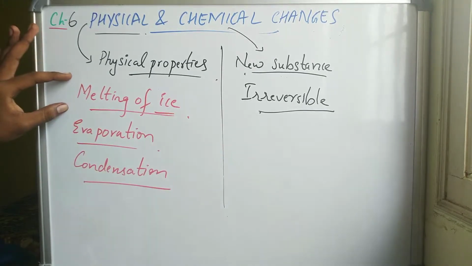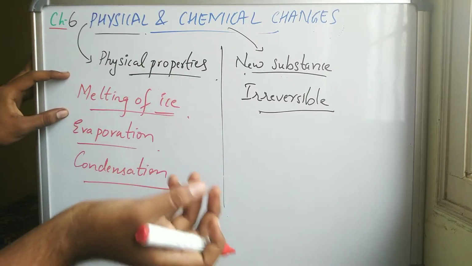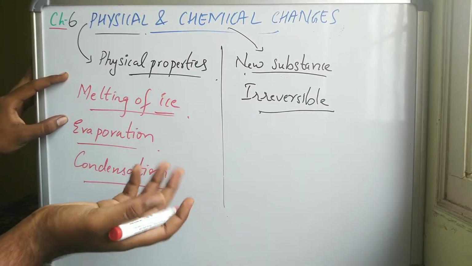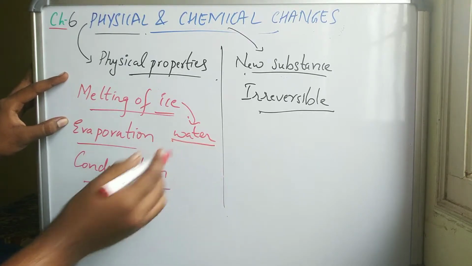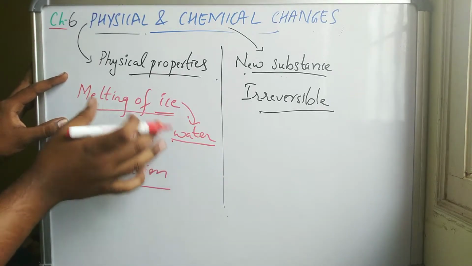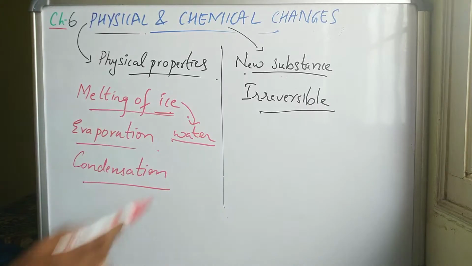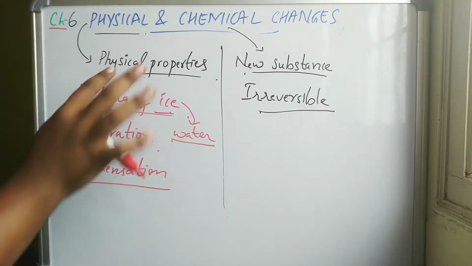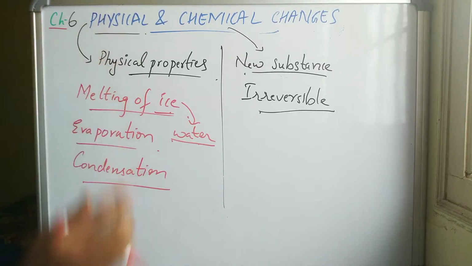In melting of ice, what is happening? Ice is converted into water. Here, what is changing? It is changing its state, from solid to liquid. That means it is changing its physical properties, so it is nothing but physical change.